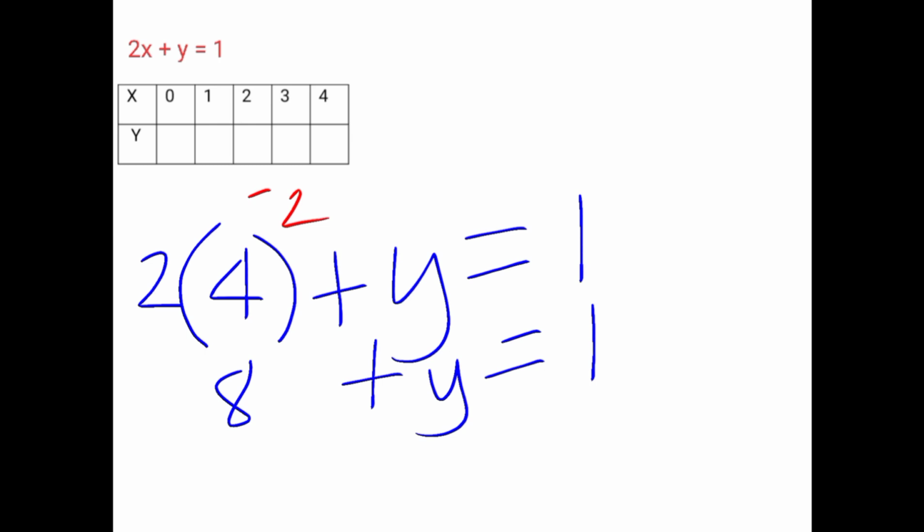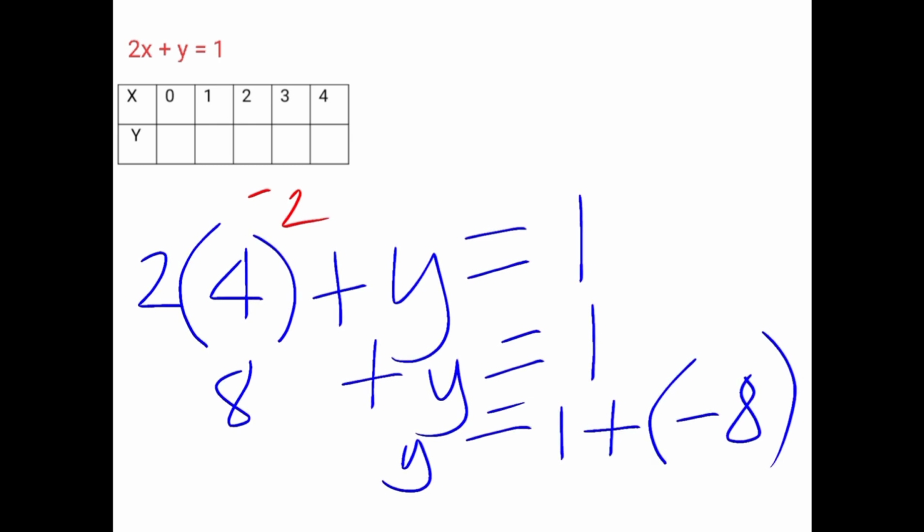So y is equal to 1 plus negative 8, or simply 1 minus 8. So the value of y when x is 4 is negative 7. That's how to solve a linear equation using the given values of x to find the values of y.